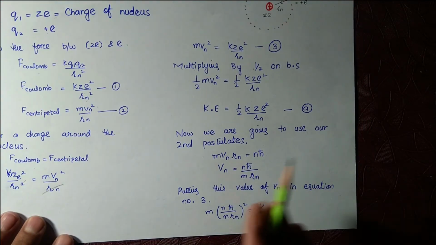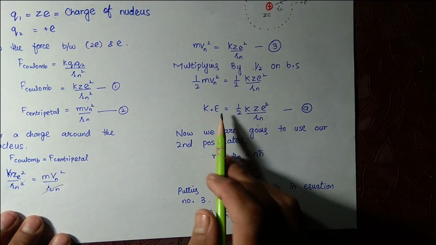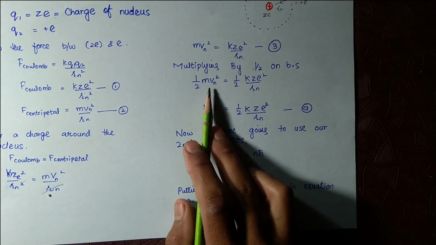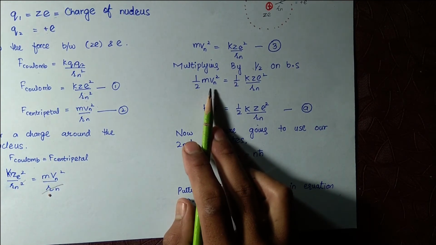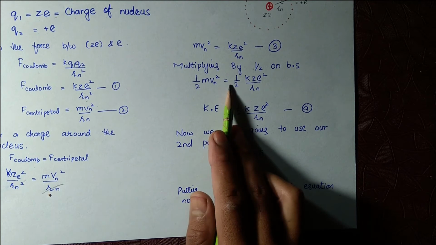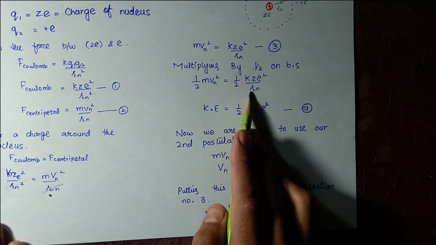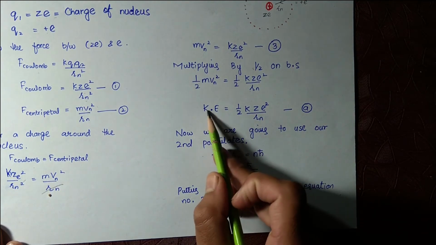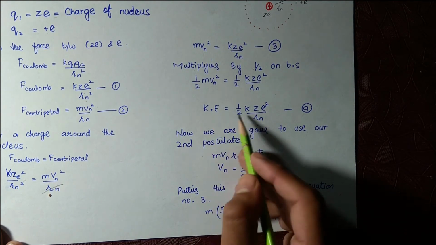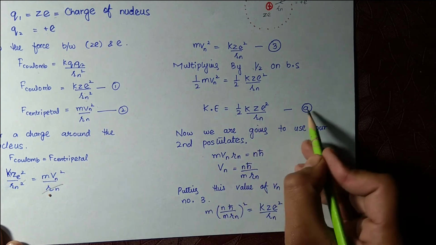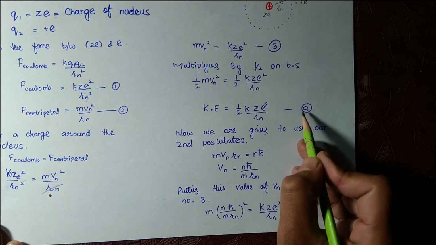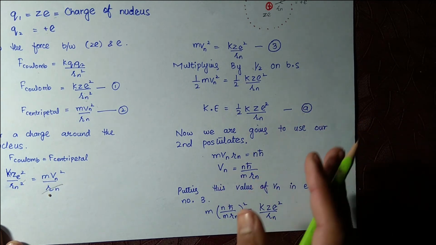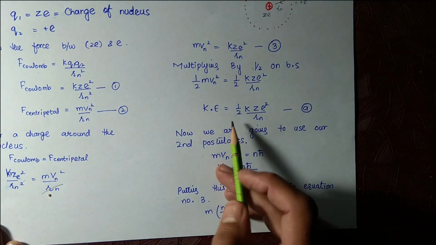So this is half mv square, and this term is equal to the kinetic energy, and this here is equal to half kZe square over Rn. So this equation gives us the kinetic energy, and we name this equation number A. This equation is used in the next lecture, in the quantization of energy.